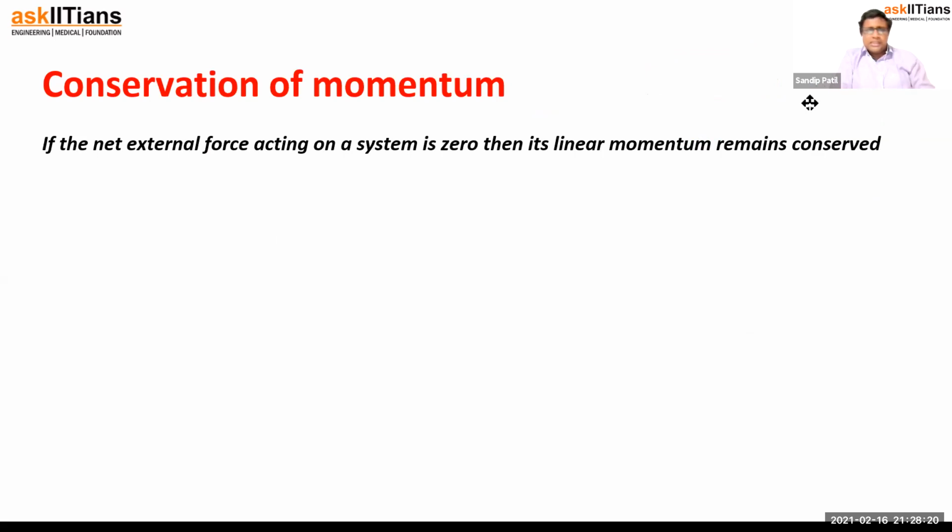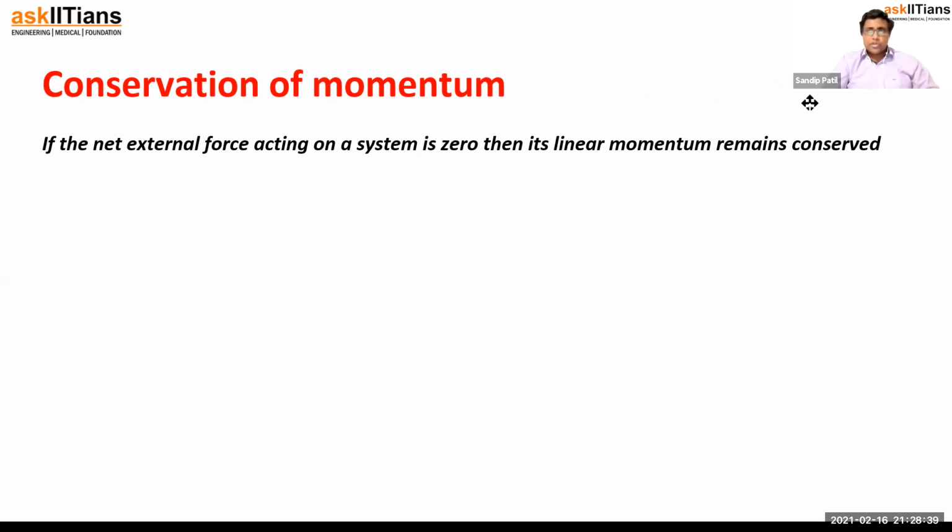So the first one is conservation of momentum, right? Same as that of energy. Energy remains constant, right? Similarly here, linear momentum remains constant, but there is one condition. What is the condition? If the net external force acting on a system is zero.